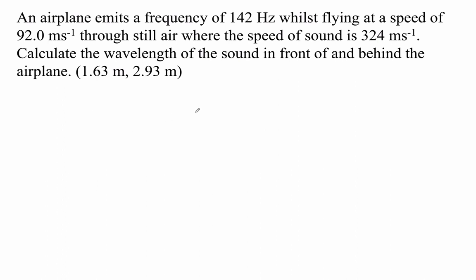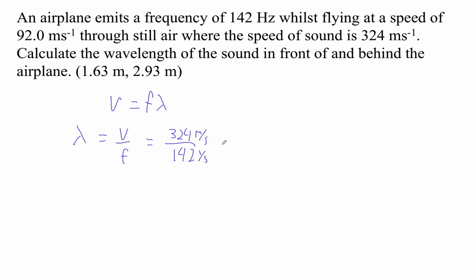So what we can do is, let's suppose the plane doesn't move. The wavelength is just v = fλ, so lambda is just v over f, 324 over 142. This is meters per second; that's cycles per second.